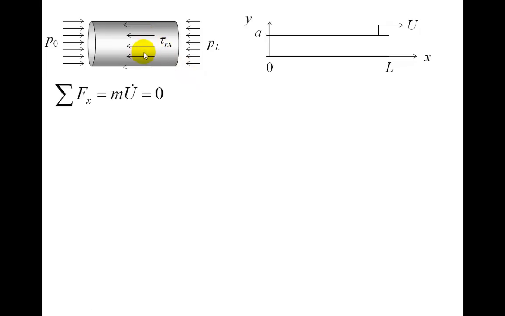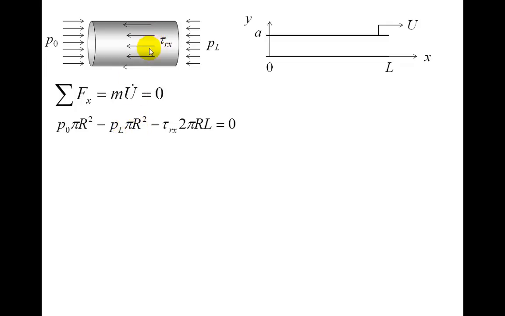If we then consider a steady motion of the tube, a steady velocity of this mass, then the sum of the forces in the x direction should be equal to 0. Those forces are: a pressure force from P0 on the left hand side, that's positive, so P0 times the area pi r squared, and then on the other end we have a negative force, so minus PL, and again the same area.